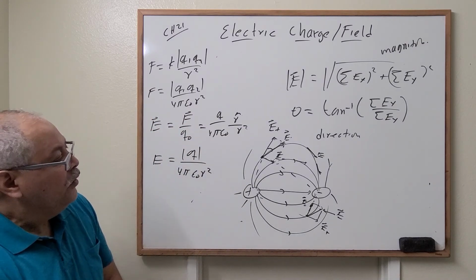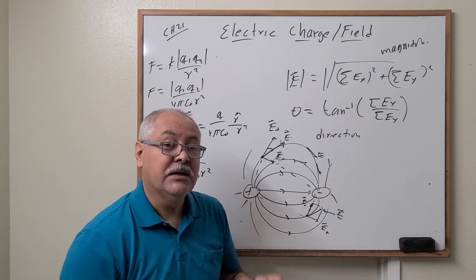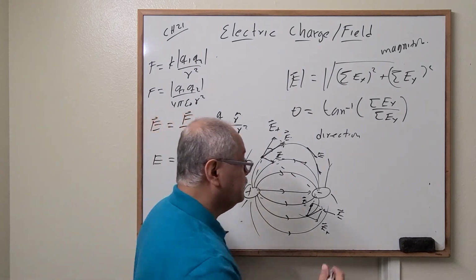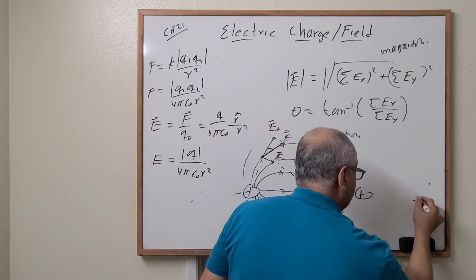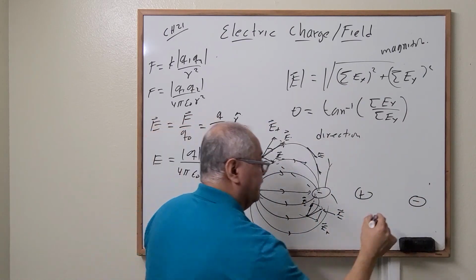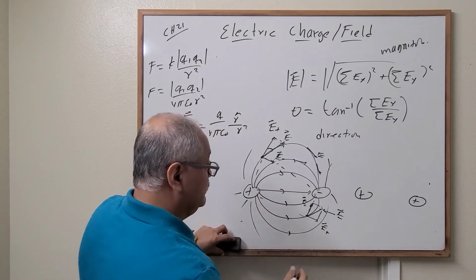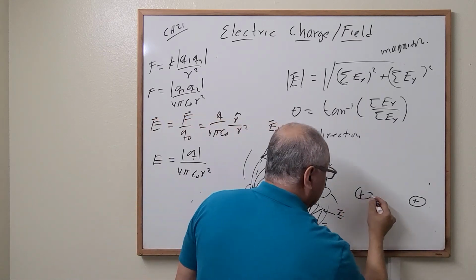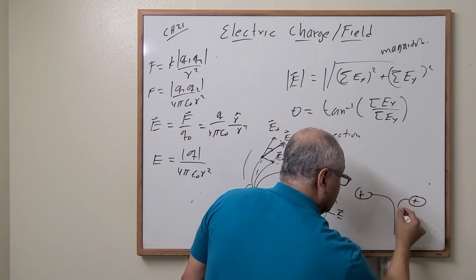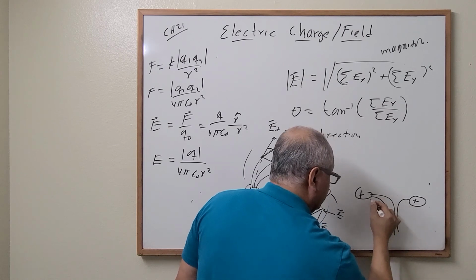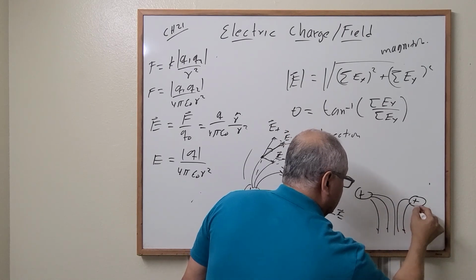Perfect. What about if these two charges are the same type? Mine is positive and positive. So in this case, they repel. Then what do we have? It's being repelled. It repels in this way.